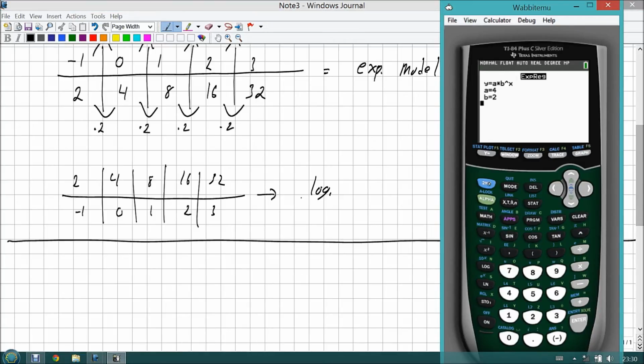Now to swap them, I'm going to go to stat again, and I'm going to go straight to calc because it's the same data, only it's been swapped. I would go to LnReg, which is natural log regression. Then I would put in L2 as my x list and L1 as my y list, and then go to calculate.